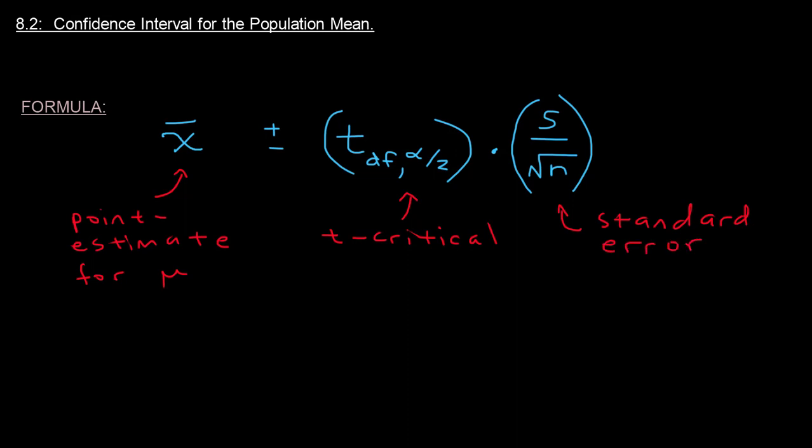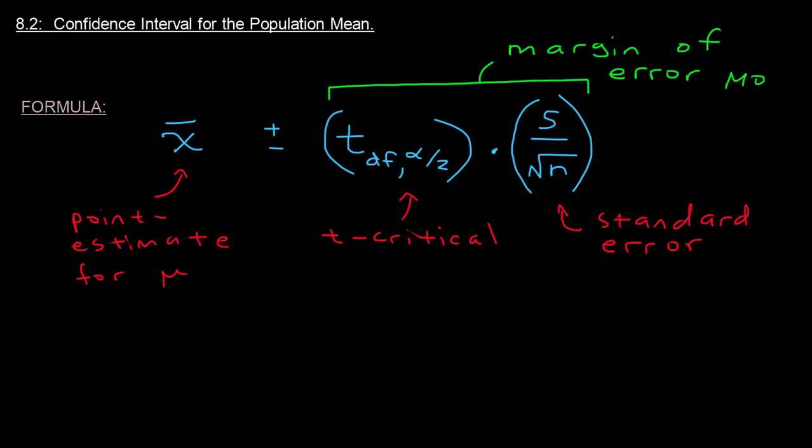In total, everything that's after the plus and minus sign, this whole value is called margin of error. And I'm going to abbreviate that MOE, M-O-E, for margin of error.